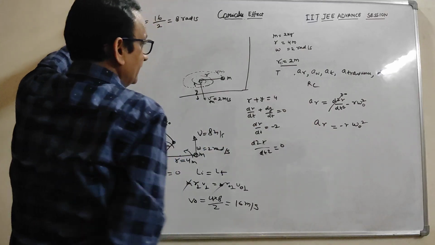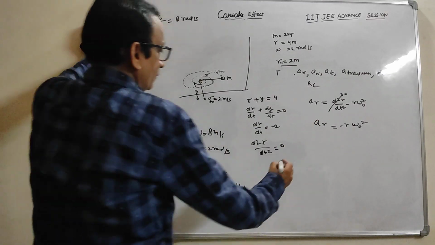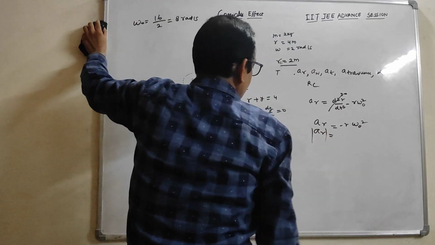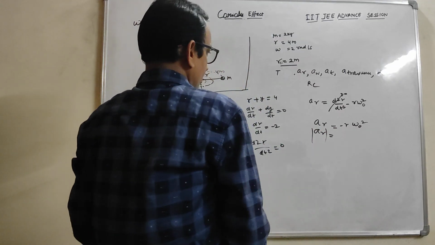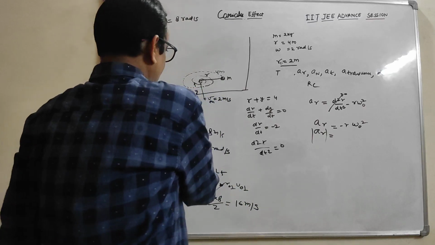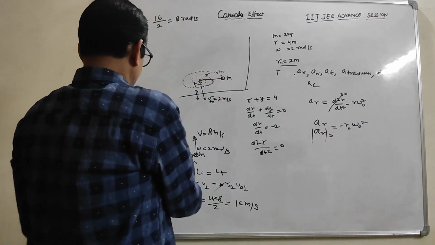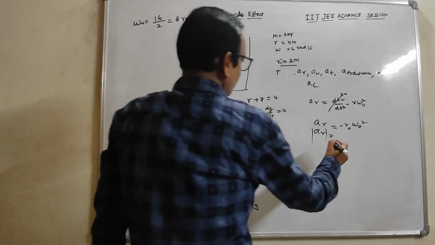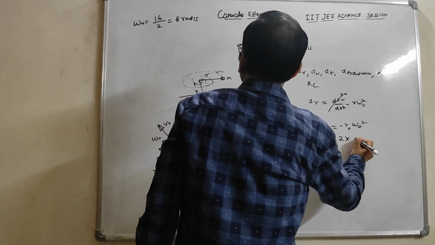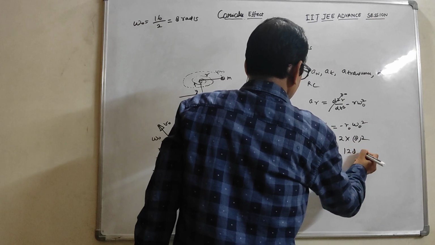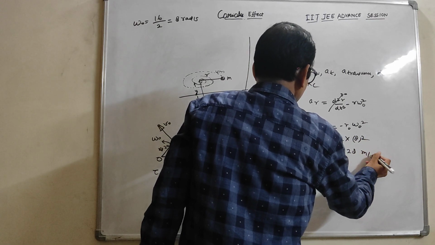So here we put the value. The radial acceleration a_r is r naught omega naught squared, so 2 into 8 squared. This would be 128 meter per second squared.